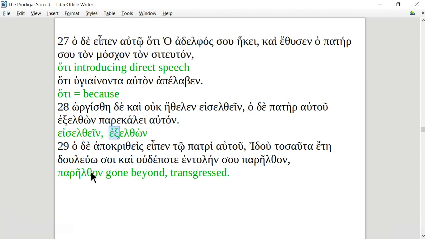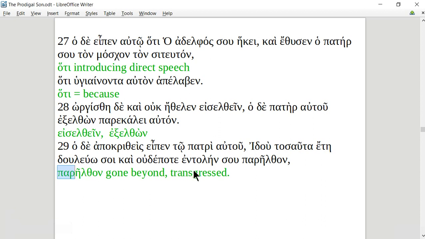And here is this same word, a slightly different form of it. The first approximation meaning of it again is come or go. So this time with the prefix par, short for para. So the A has dropped off. So it's meaning gone beyond.